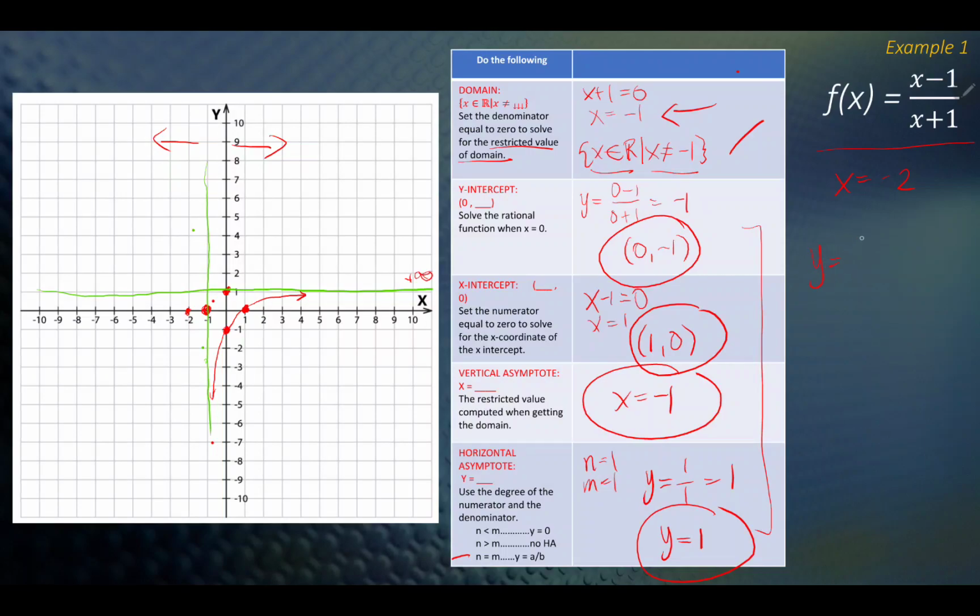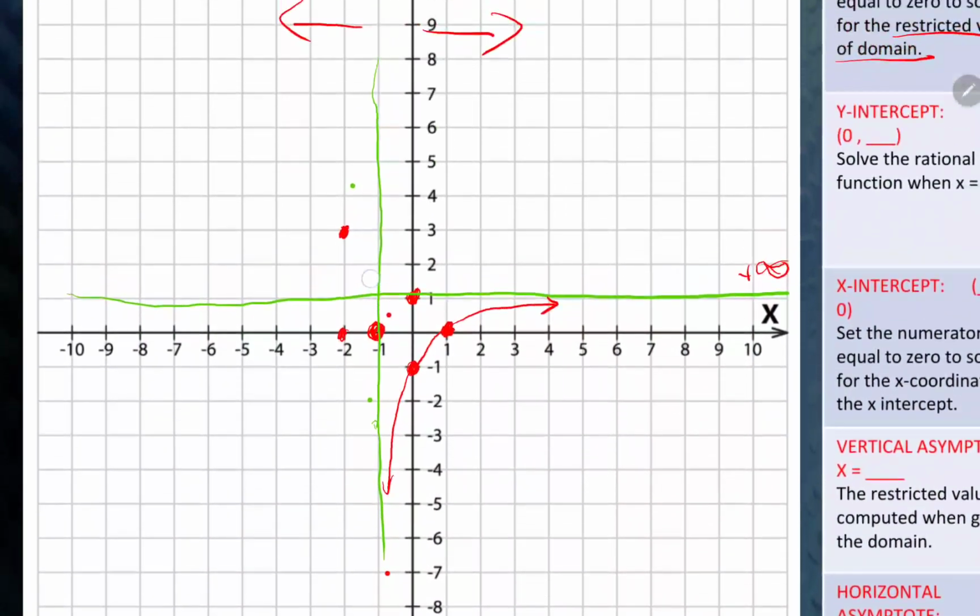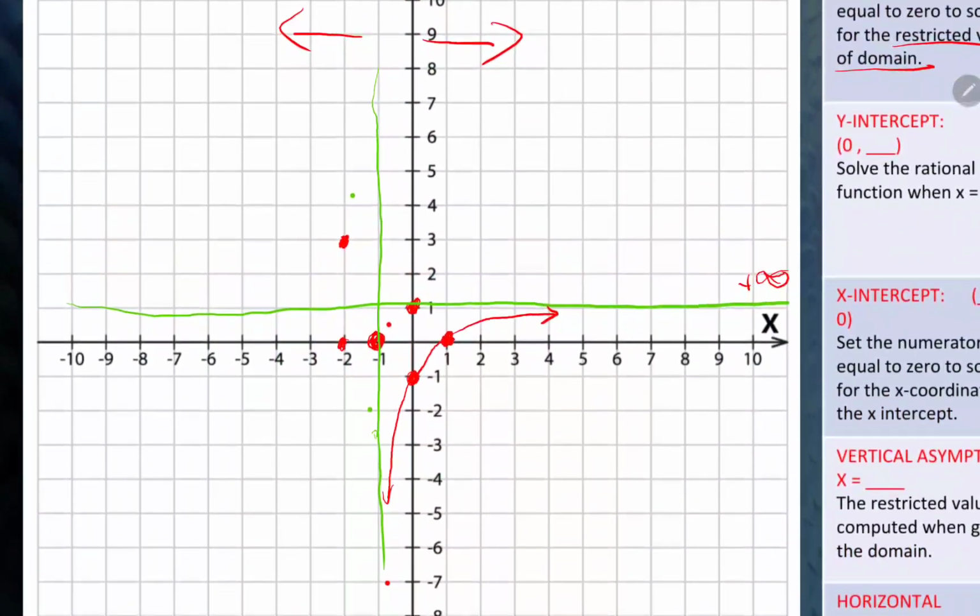So we have y equals negative 2 minus 1 over negative 2 plus 1. So we have negative 3 over negative 1, so y equals positive 3. So the ordered pair is negative 2, 3. So we plot negative 2, 3. We can see that the point is above the horizontal line. So therefore, we can simply draw or sketch a graph over there.